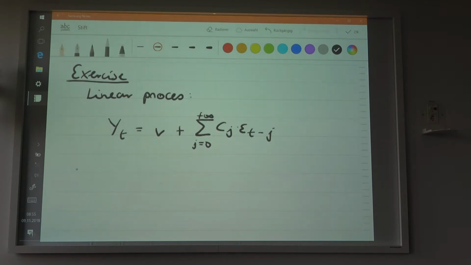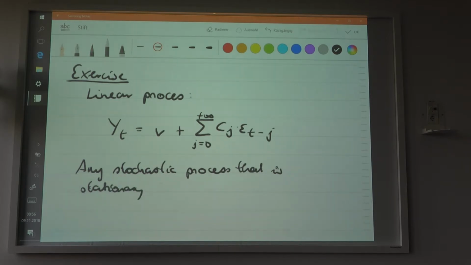So any stochastic process that is stationary can be written as a linear process.